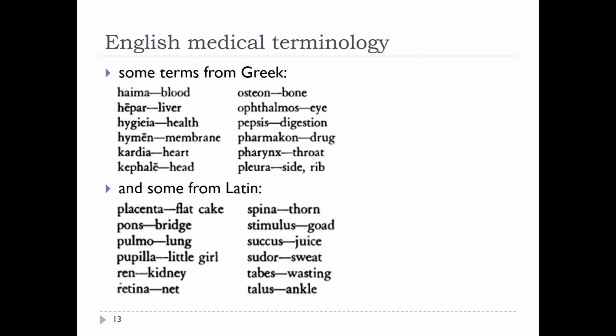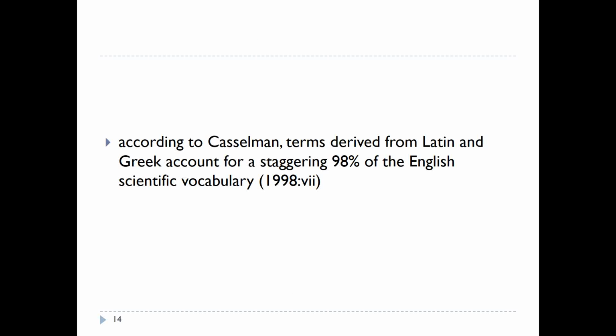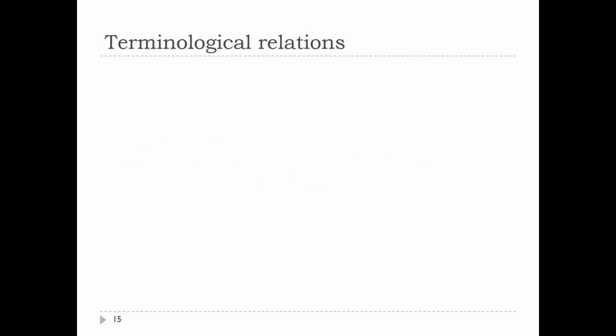And frequently, words from Latin are used instead, such as pulmo meaning lung, pulmonary, like a pulmonary disease is disease of the lung, and so on. According to a scholar called Kasselman, vast proportions of English scientific and indeed medical vocabulary are created on the basis of Latin or ancient Greek roots. In fact, he argues that they account for as many as 90% of technical terms in those areas.